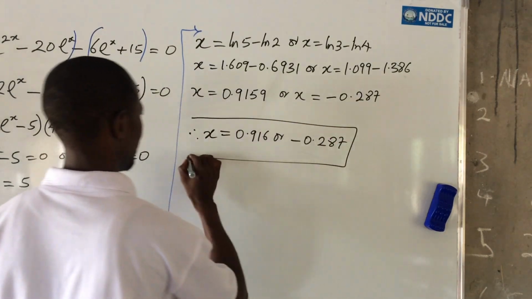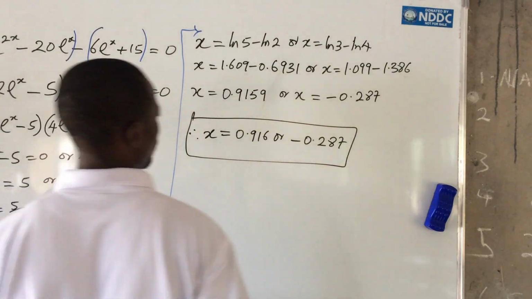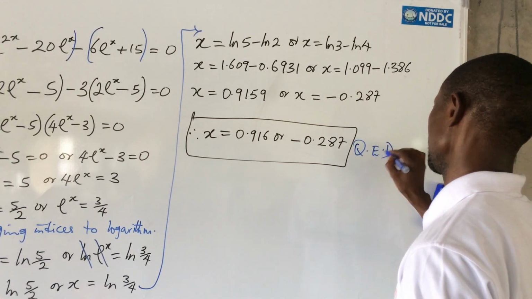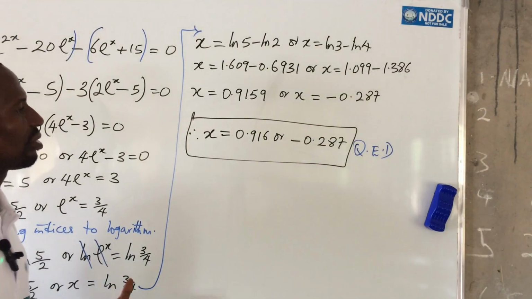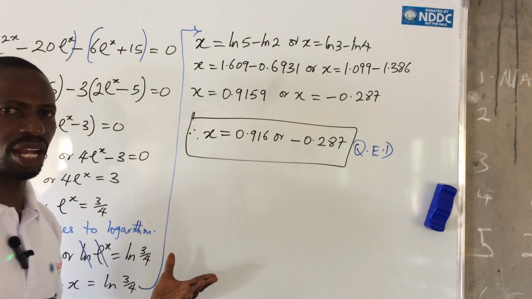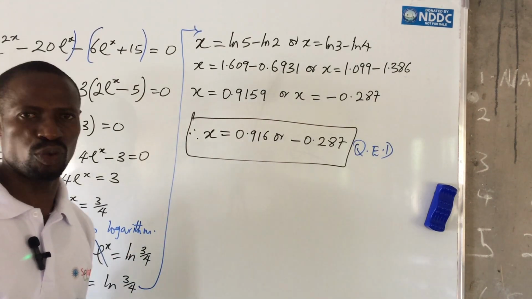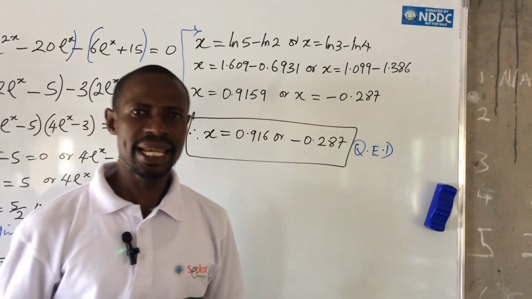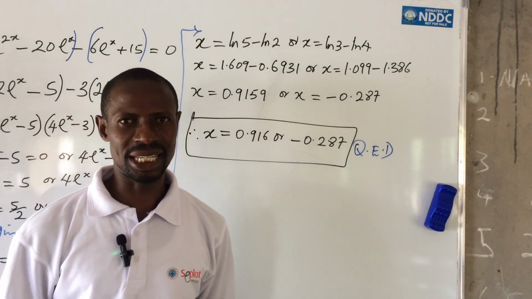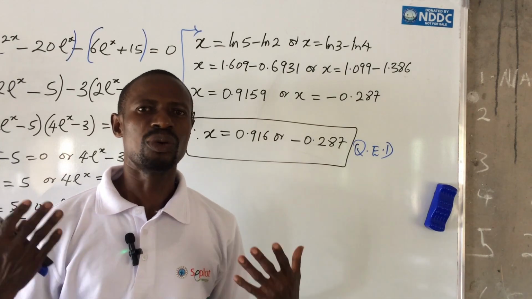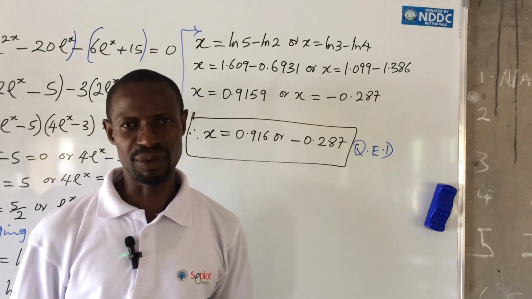This is the solution to our question, QED. This is another wonderful way of solving exponential equations without introducing any other variable into the system. You can solve directly and get your roots to the value of the variable you have.